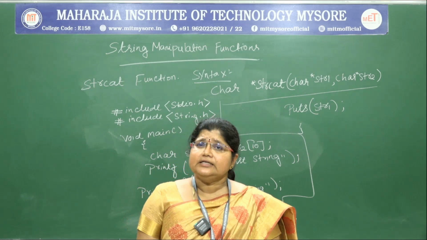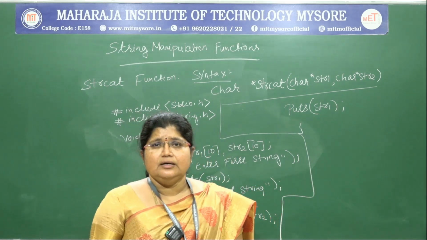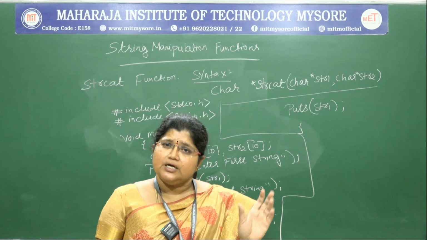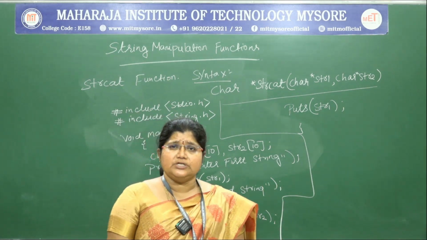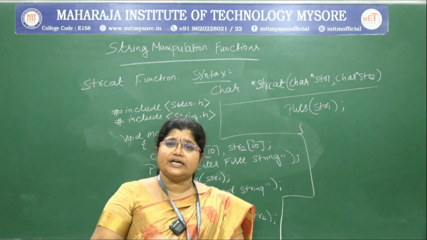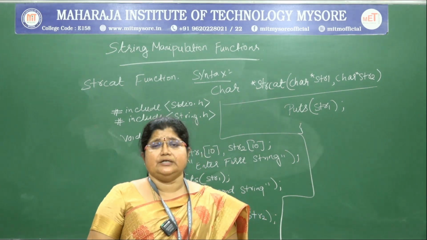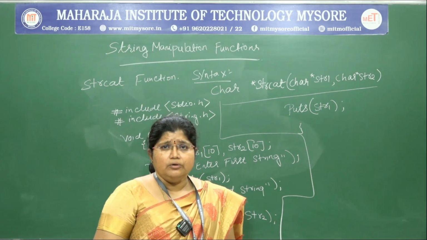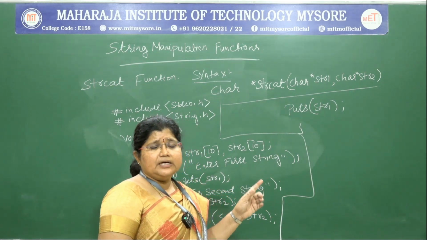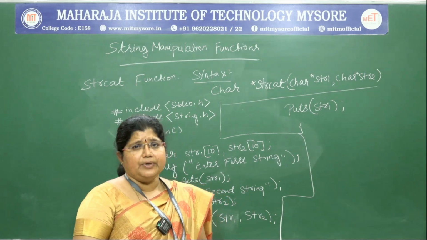While appending the second string to the first string, the null character of the first string is eliminated, and after combining both strings, the null character of the second string will be present, indicating the end of the string.